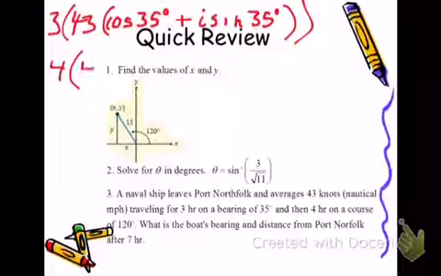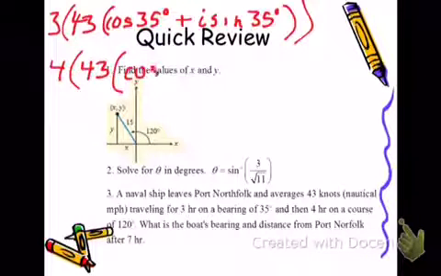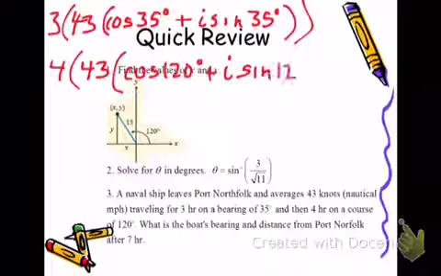Same speed, because they didn't tell us otherwise. So 43 times cosine of 120 degrees plus i sine of 120 degrees. So that's the two quantities that we're dealing with here.